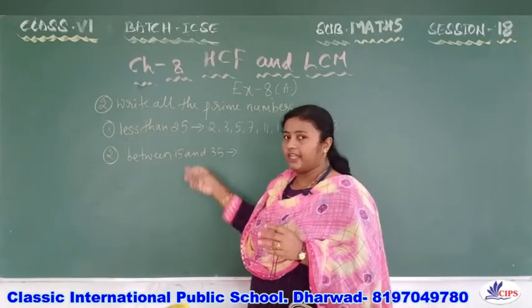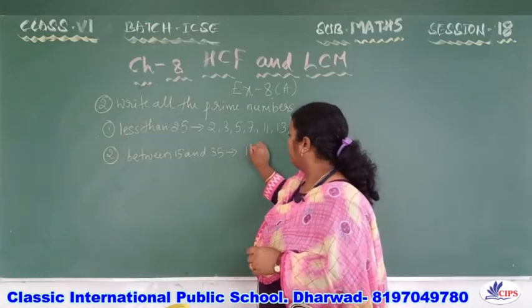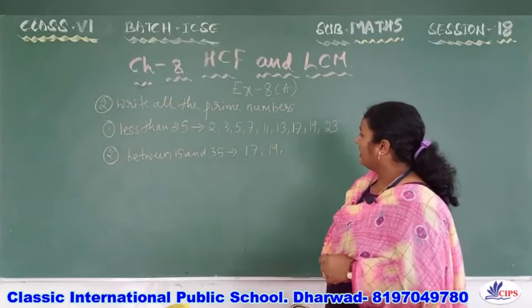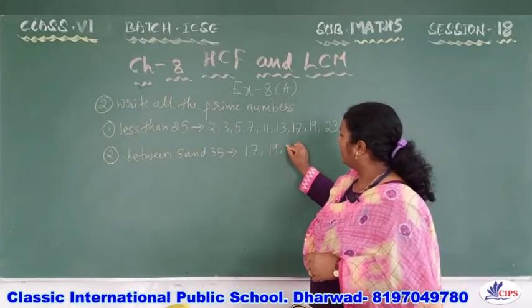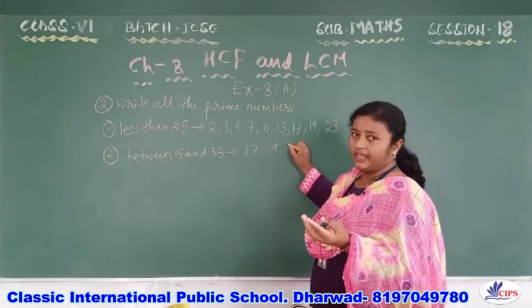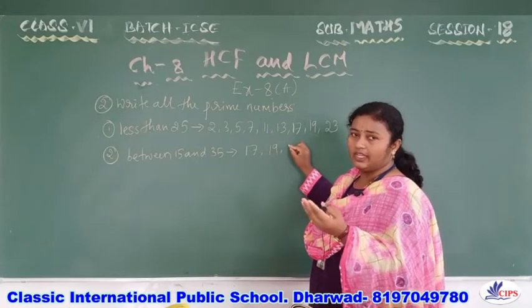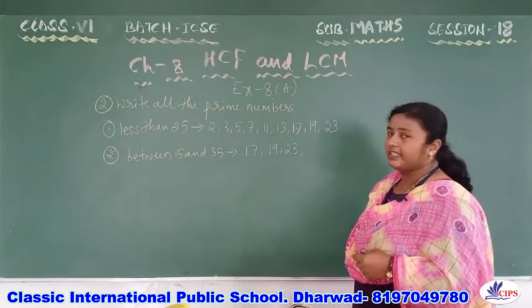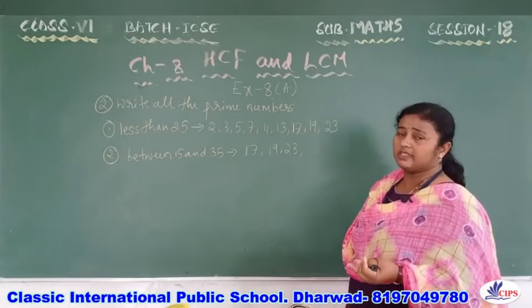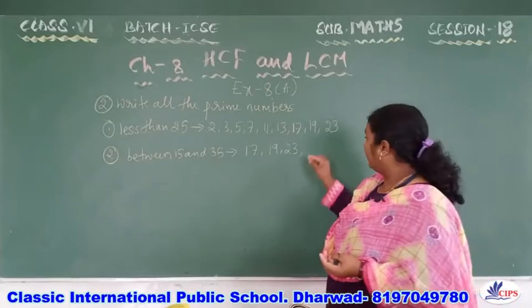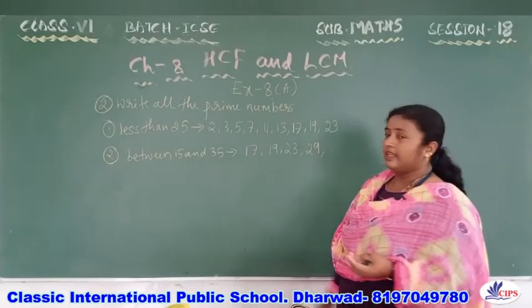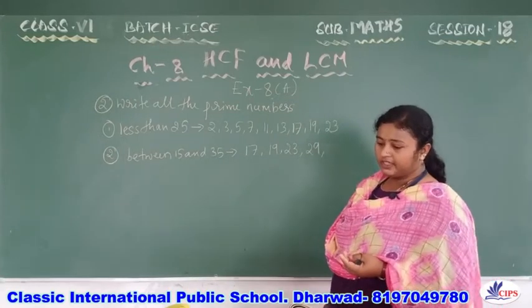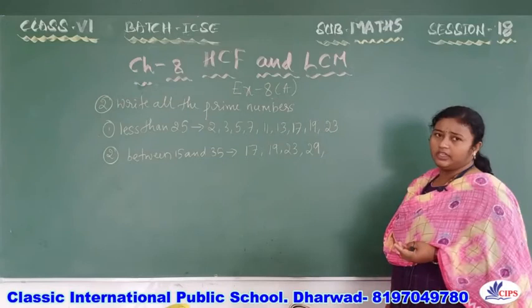After 15, the next prime number is 17. Then after 17, 19. Then after 19, it is 23. We cannot take 20, 21, 22. These all have more than 2 factors. So this is 23. After 23, 24, 25, 26, 27, 28, 29. After 29 it is 30, no, 31.